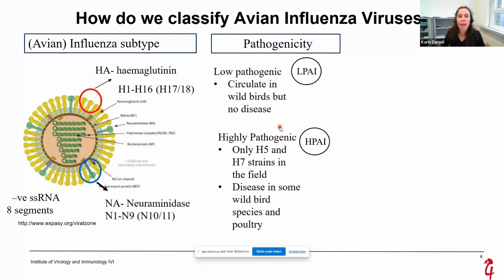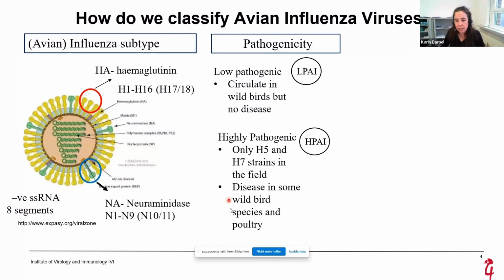But we also classify the avian influenza virus by their pathogenicity. So we differentiate between low pathogenic avian influenza, which circulates in wild birds but does not cause disease, or highly pathogenic avian influenza. In the field, these strains have so far been limited to types from H5 and H7.